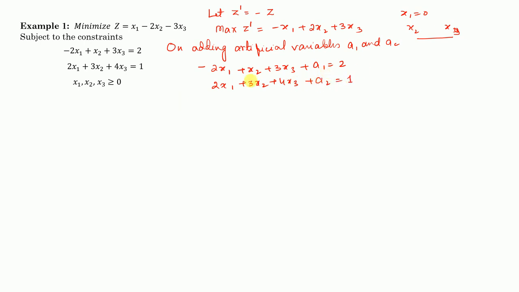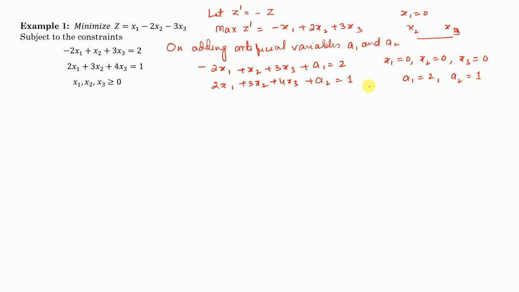Now look at this, number of equations 2, number of variables 5. So it means 3 variables are extra. So you can assume x1 equal to 0, x2 equal to 0, x3 equal to 0. So you will get a1 equal to 2, a2 equal to 1.